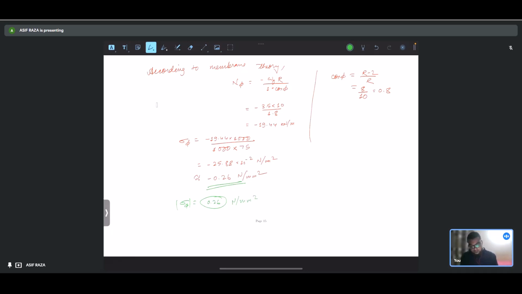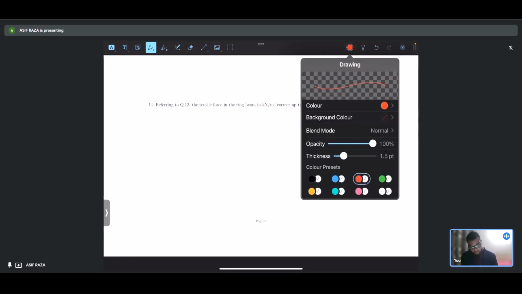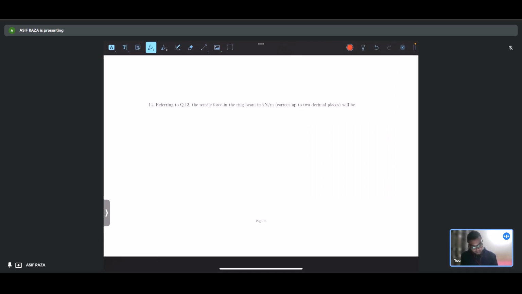Now let's move on to the last question. We need to find the tensile force in the ring beam.